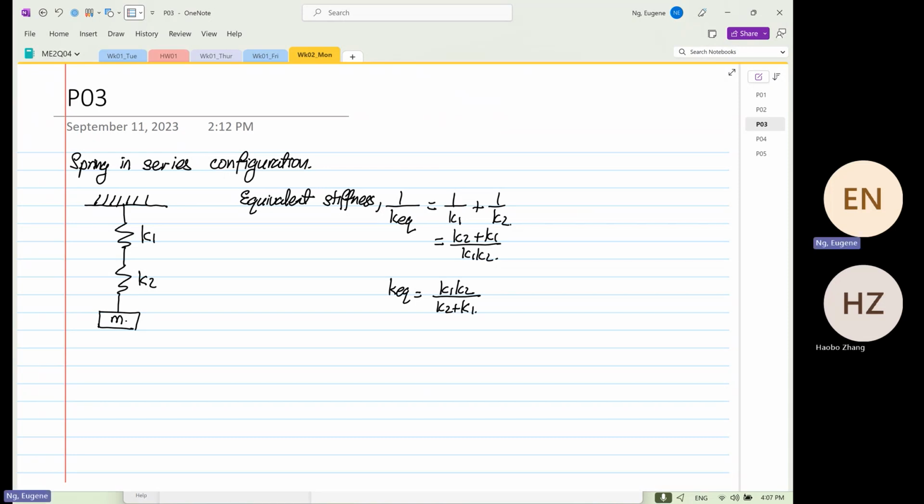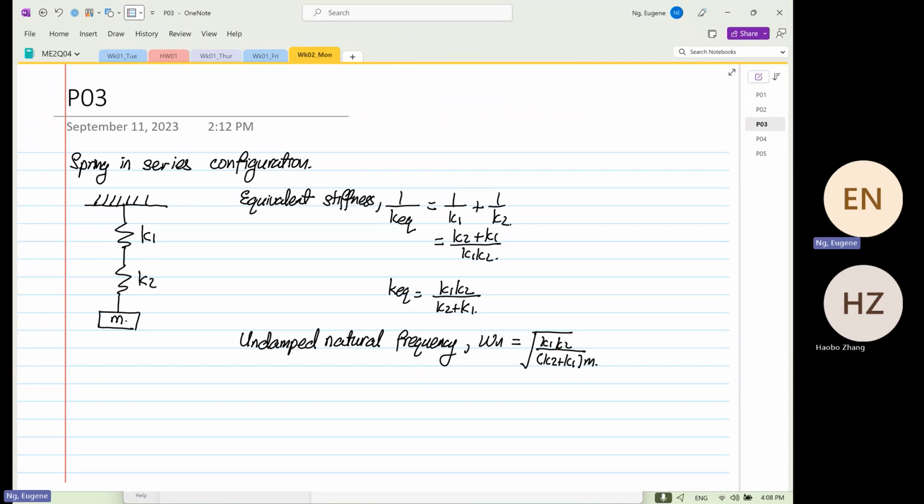The same applies in terms of the natural frequency. I will write this out: the undamped natural frequency omega n is equal to the square root of K1 K2 over K2 plus K1, in brackets, multiplied by 1 over m.